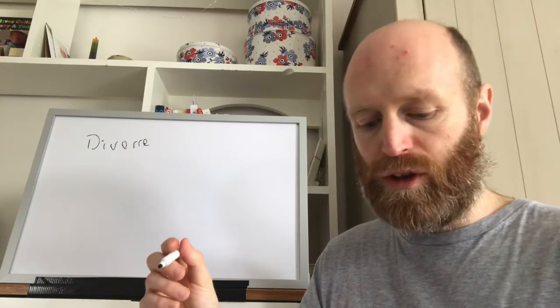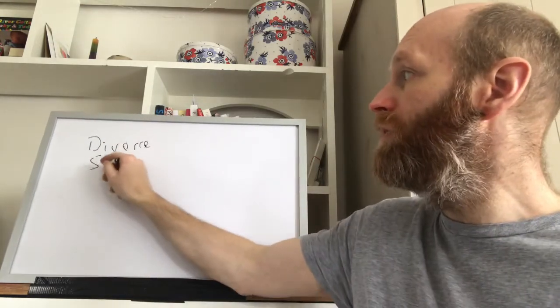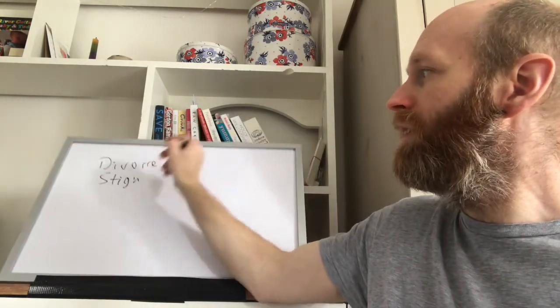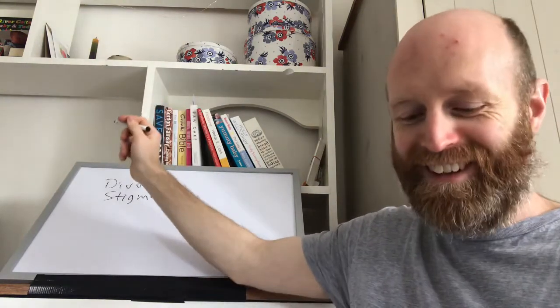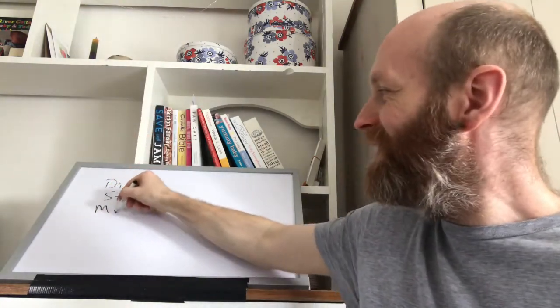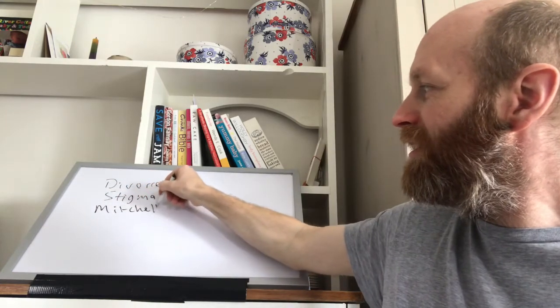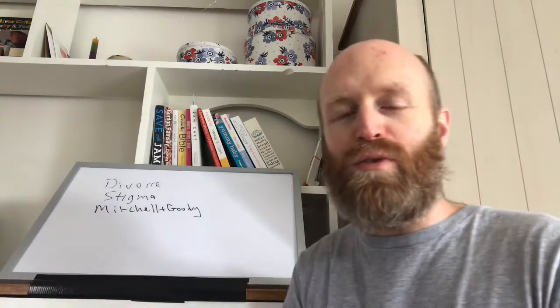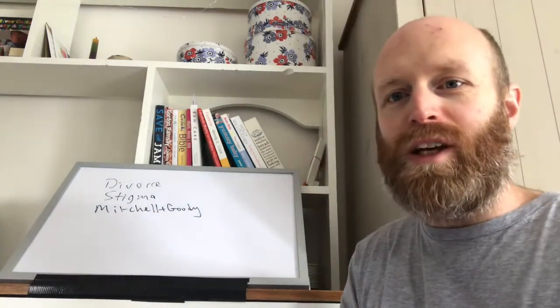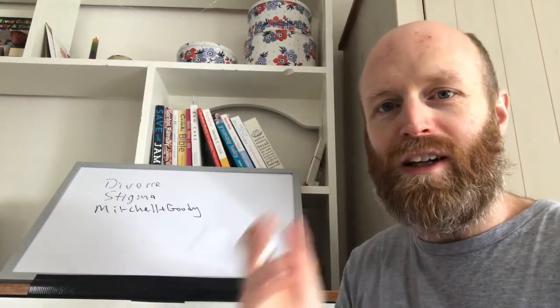So let's put some of those points down. So we've got stigma. We've got Mitchell and Goody. Should explain, this is my makeshift teaching apparatus in isolation.